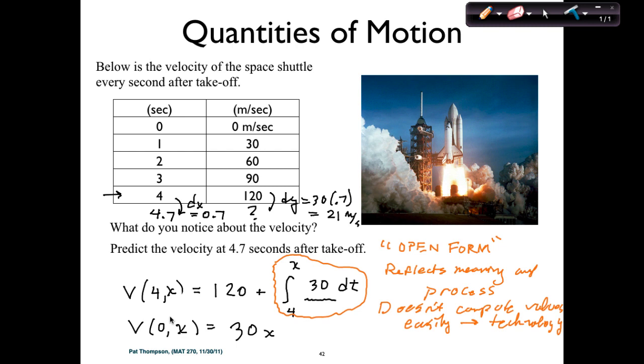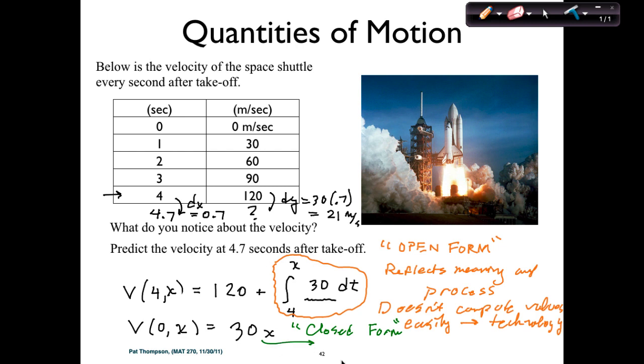Okay. So then, on the other hand, this is called closed form. Closed form does not reflect this meaning of bit by bit accumulation of changes in velocity. But what is its advantage?